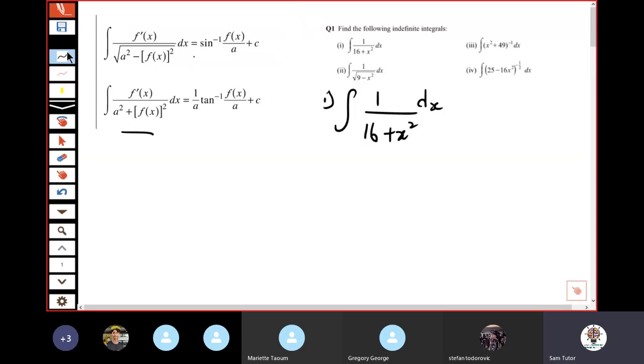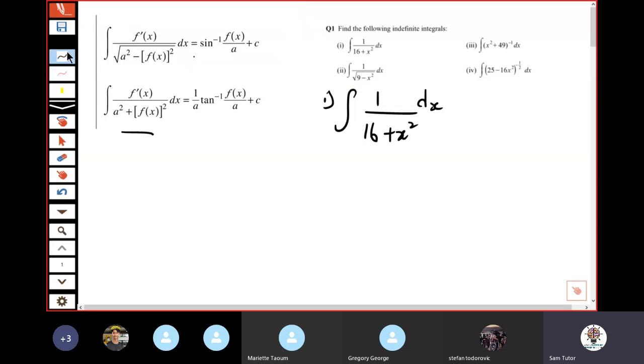Let's recap. 16x squared was annoying. So these ones here, nice and easy, had no problems. I just did them normally. I followed the formula. These ones here, 16, I can't exactly follow the formula. So what I've got to do, I've got to factorize it out, and I'm left with 25 on 16 minus x squared.